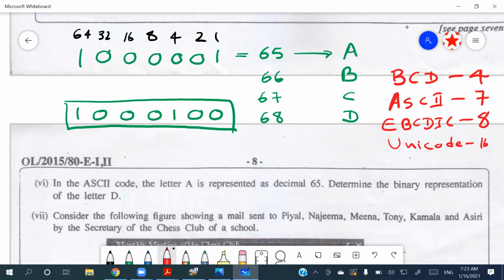Now converting decimals into binary in BCD is going to be quite a different way of doing it, because BCD uses 4-bit values, right?